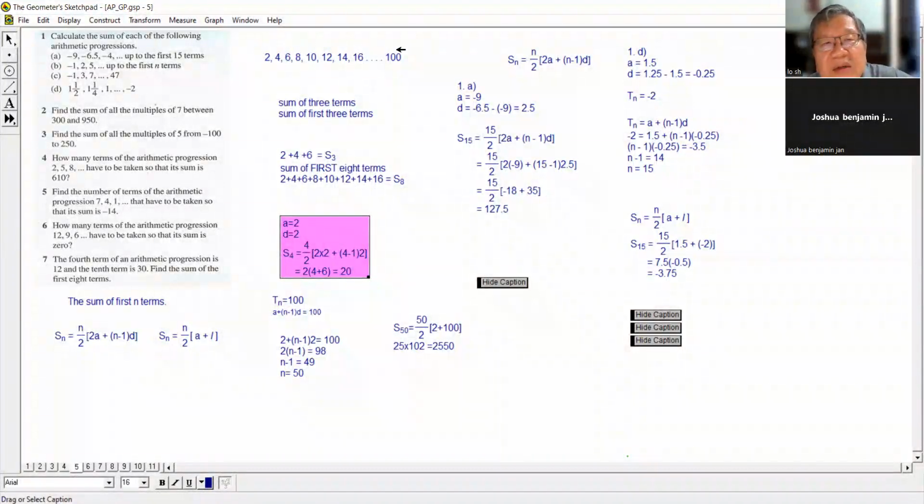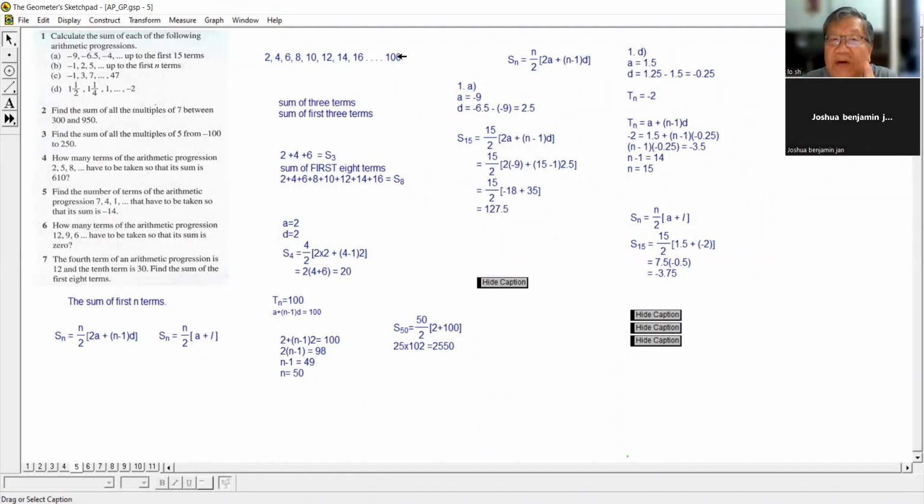But how many terms are there from 2 until 100? I don't know. So in order to find the sum of all these terms, I have to find out what is the n first. We know the last one is 100, but this 100 is number what? Number 10, number 20, number 30, I don't know.